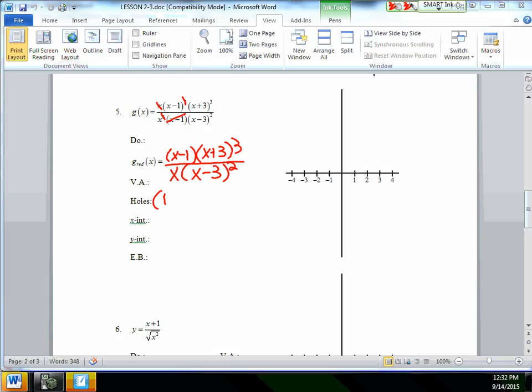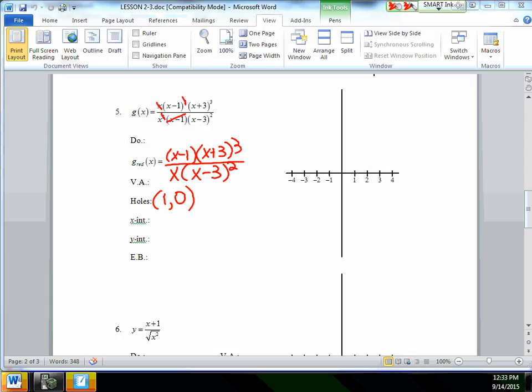Okay, so let's hurry and address that hole, because when we plug that value back into the reduced, when I plug 1 in, what do we end up with? Okay, so if I plug 1 in, 1 minus 1 is 0, so 0 over anything is 0. So we have a hole there at 1, 0.